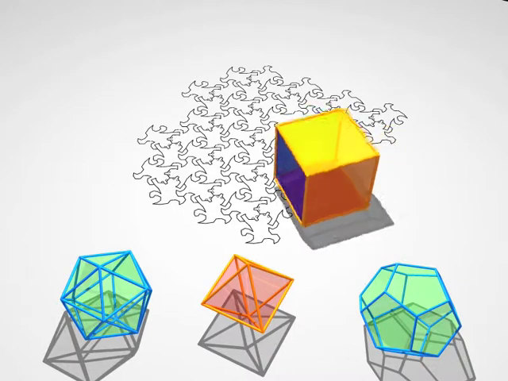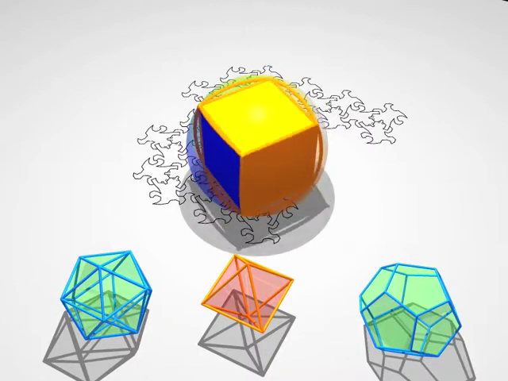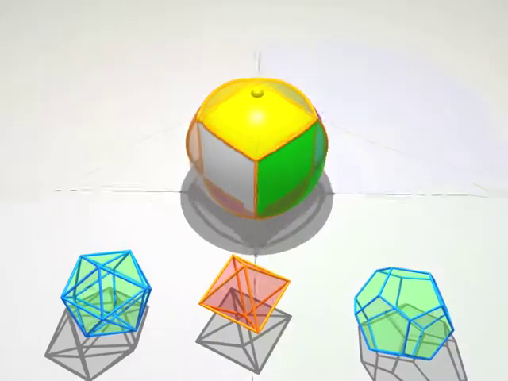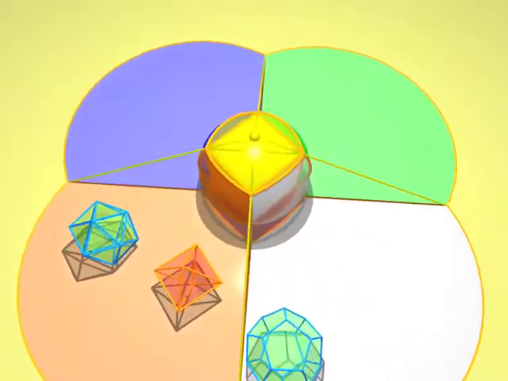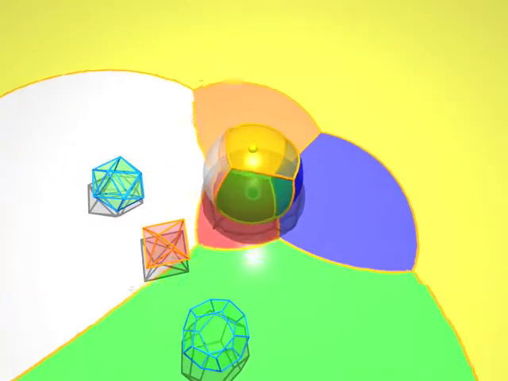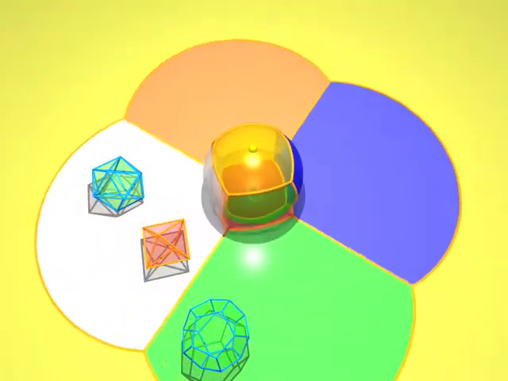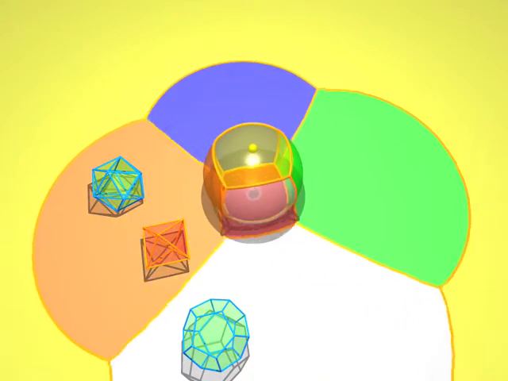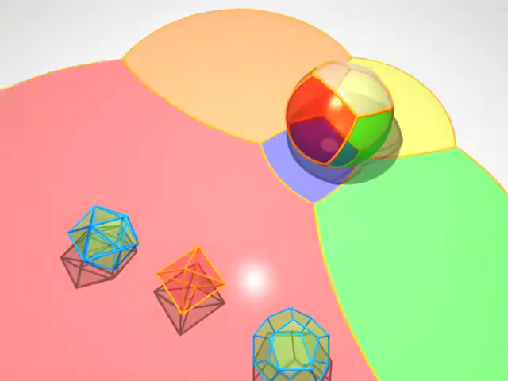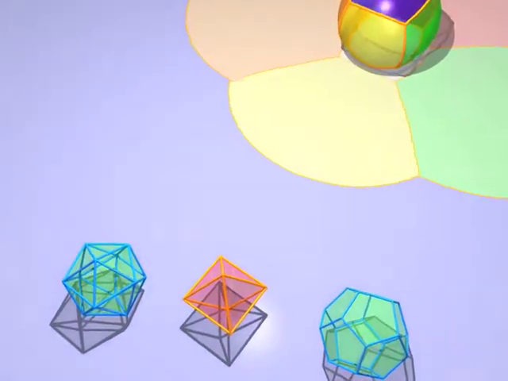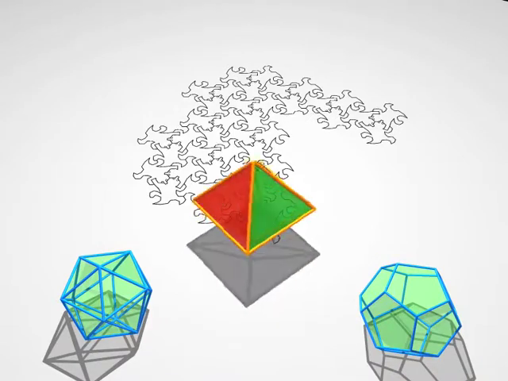Let's take a look at the cube and see how many vertices, edges and faces it has. And now, here comes an octahedron.